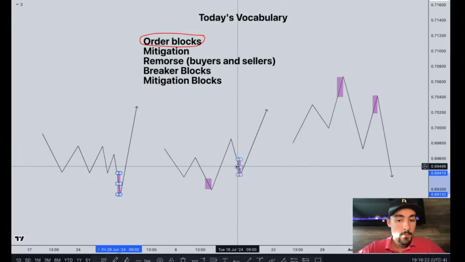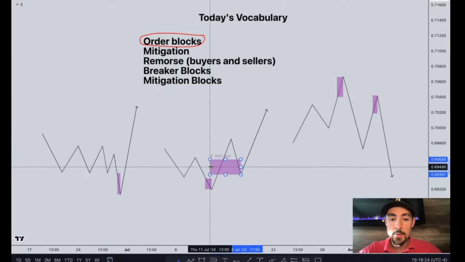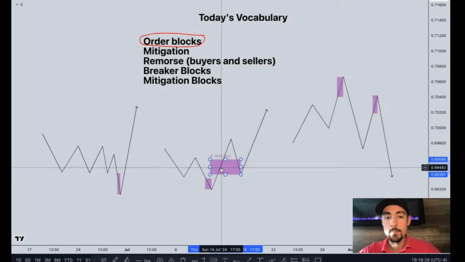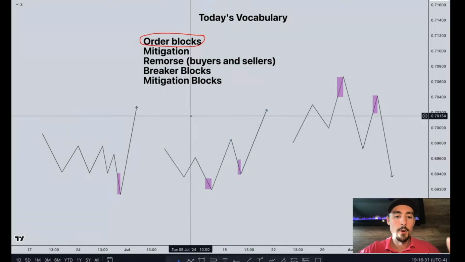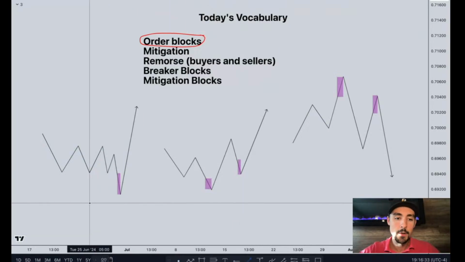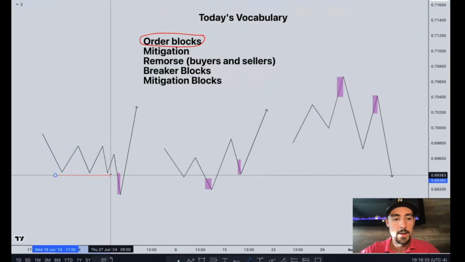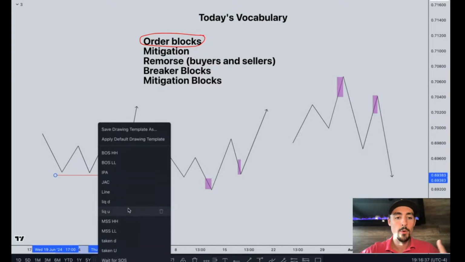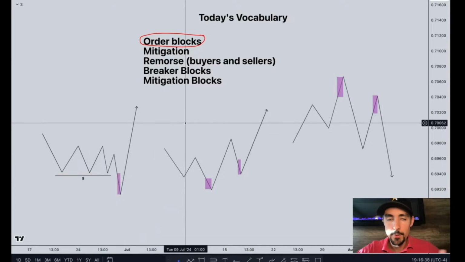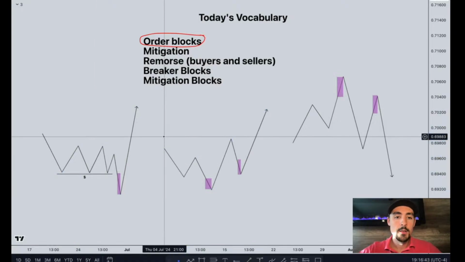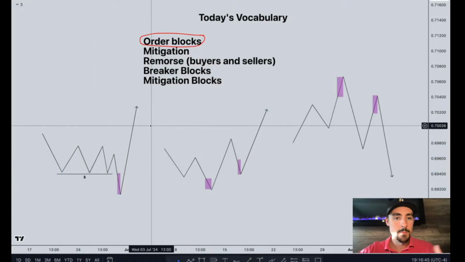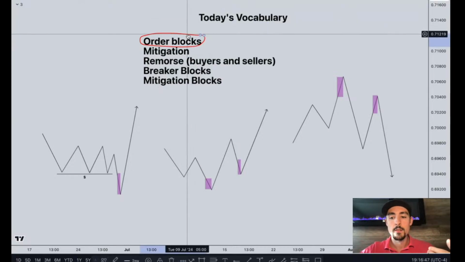Maybe this last down candle came into a point of interest to the left, like a fair value gap. But the most significant order blocks are the ones capturing liquidity. Liquidity, simply put, is relatively equal highs, relatively equal lows, or points where retail trader stop losses are typically going to be captured. So this, by definition, is the basic order block.